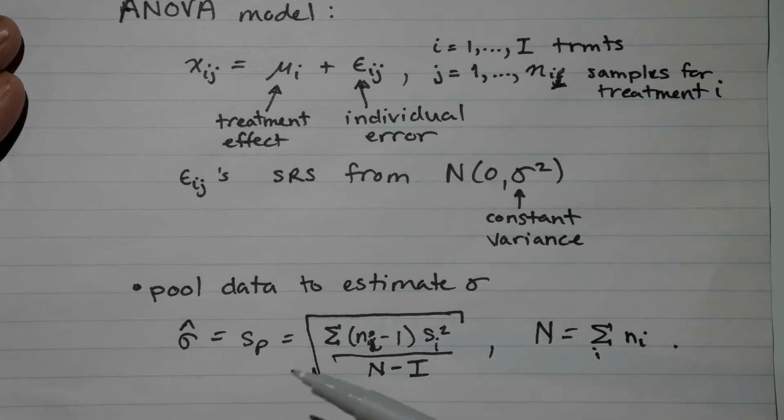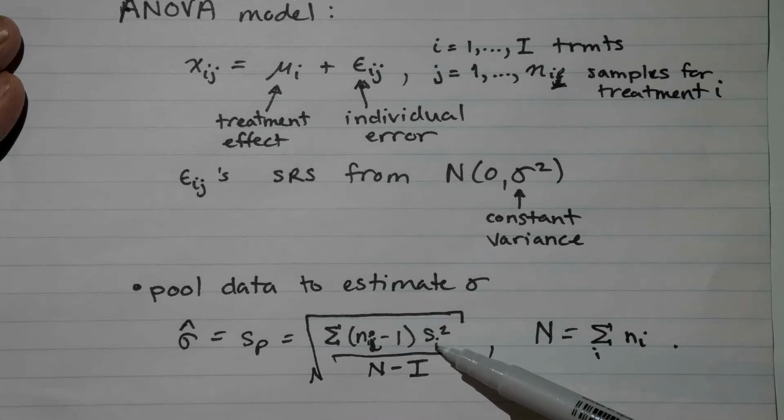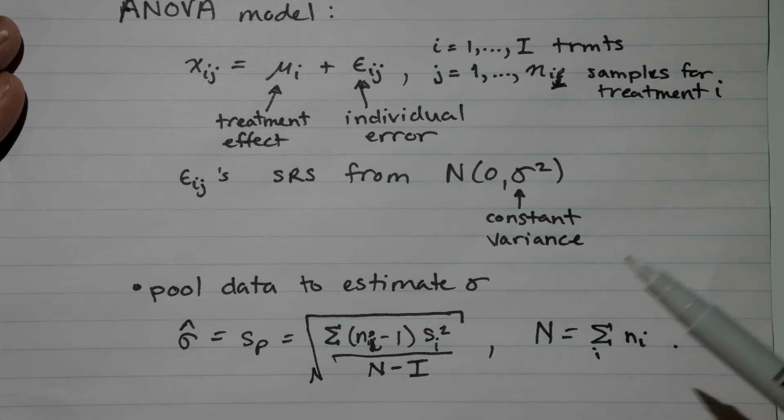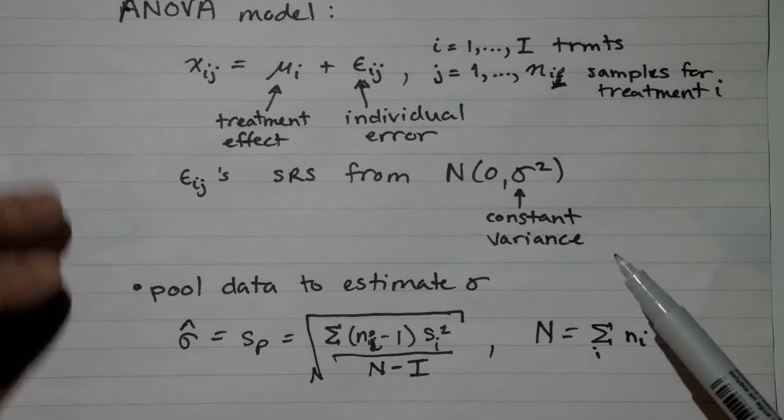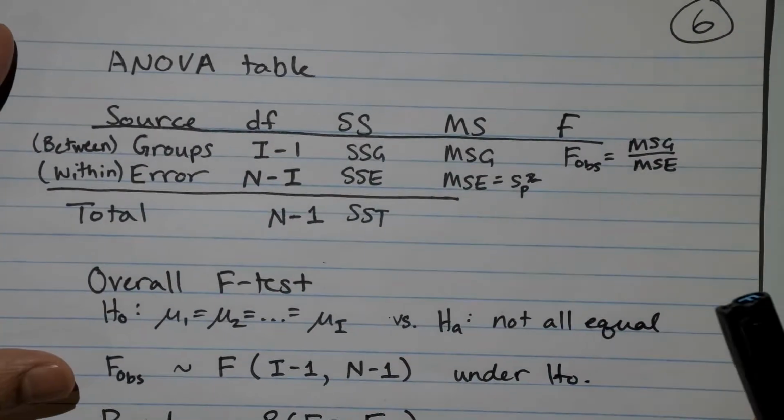So the pooled estimate, we use the small p to denote the pooling, is the square root of the sum of the n_i minus 1 s_i squared, where s_i is just the standard deviation for the ith treatment group, divided by capital N minus capital I, where capital N is just the total sample size. So what does our ANOVA table look like? Very similar to what we've looked at before.